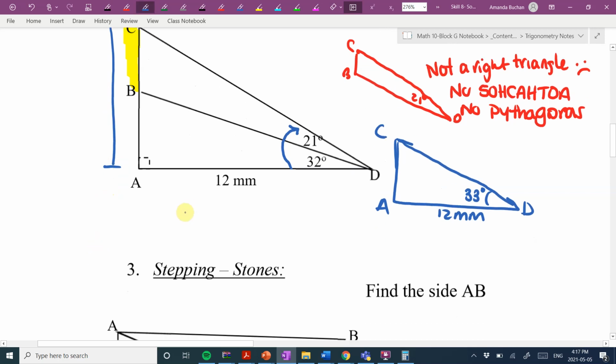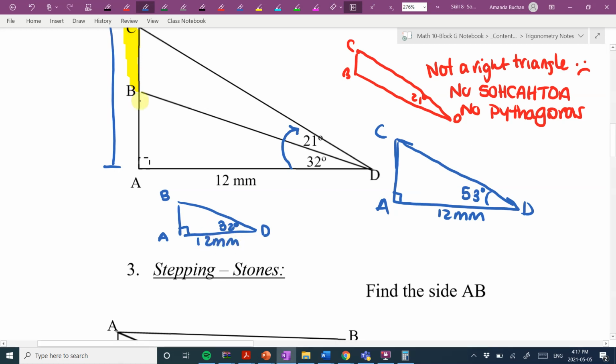We also have this smaller triangle. Because angle A is a right angle, I'm going to be able to use those rules that we talked about. Now this time, because we're only looking at the smaller triangle, sorry, this should have been a 53. We're only going to be using that 32-degree angle. But AD is still 12 millimeters.